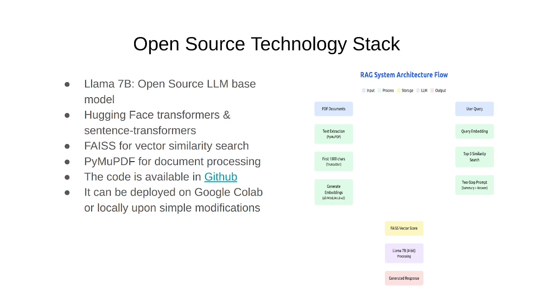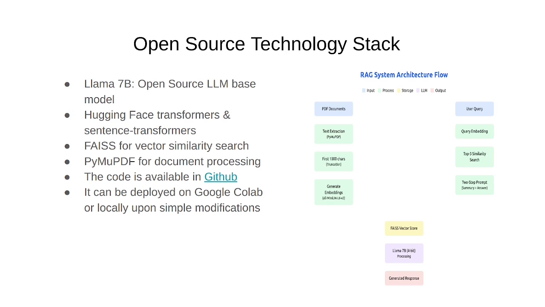PyMuPDF is a tool, again from open source, to handle PDF document processing, namely converting PDF into text. The code is available in GitHub, and the hyperlink will take you to the GitHub repo. And it can be deployed in Colab, as I'm going to show in a moment.